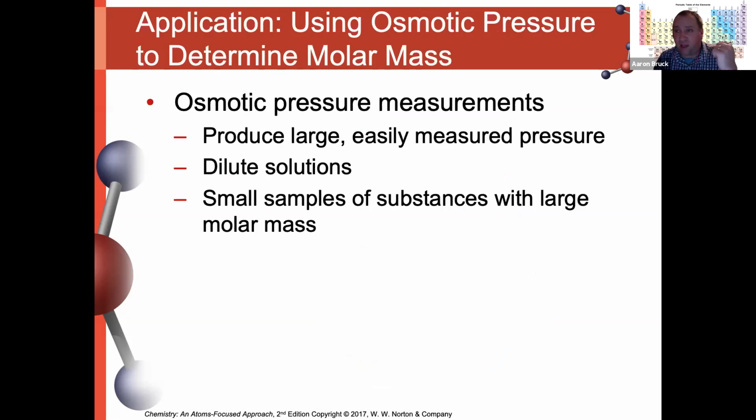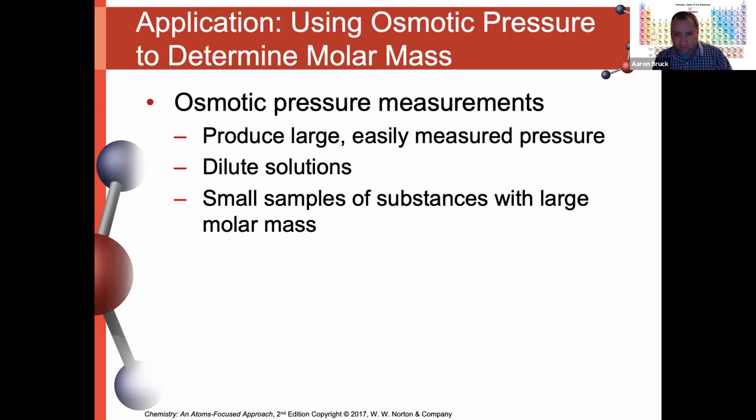We saw in the last example, a 0.31 molar solution generated a pressure of nearly 8 atmospheres. So to that end, if I take a really low concentration solution of something and it gives me a value that I can measure, I can use that to try to figure out some stuff that I don't know.